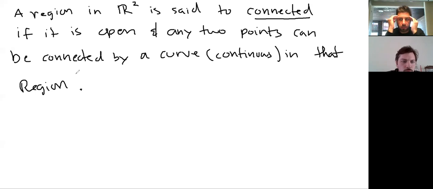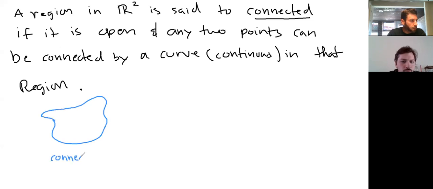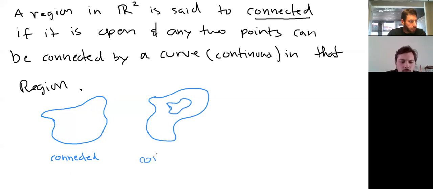So as you would imagine, you can think of this in a very colloquial English sense. Something's connected if you pick any two points in it and you can draw a curve between them. So let's draw a picture here. This is a region. This guy is connected. Even if it has a hole in it, this guy is connected.